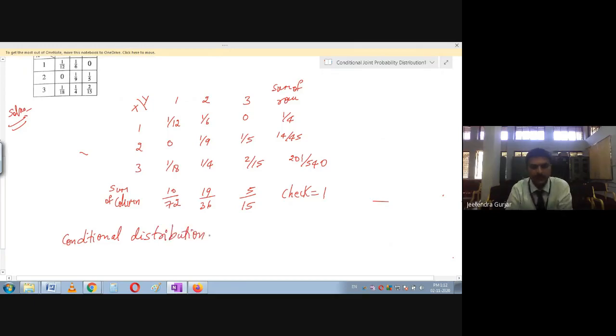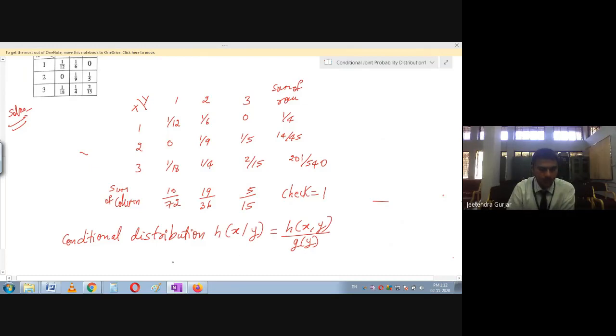Already we have calculated the marginal distribution for row. Same thing we proceed. What is the difference in conditional distribution is this: h of x divided by y is equal to h of x comma y divided by g of y. Already I have given this formula. Please remember this formula now.